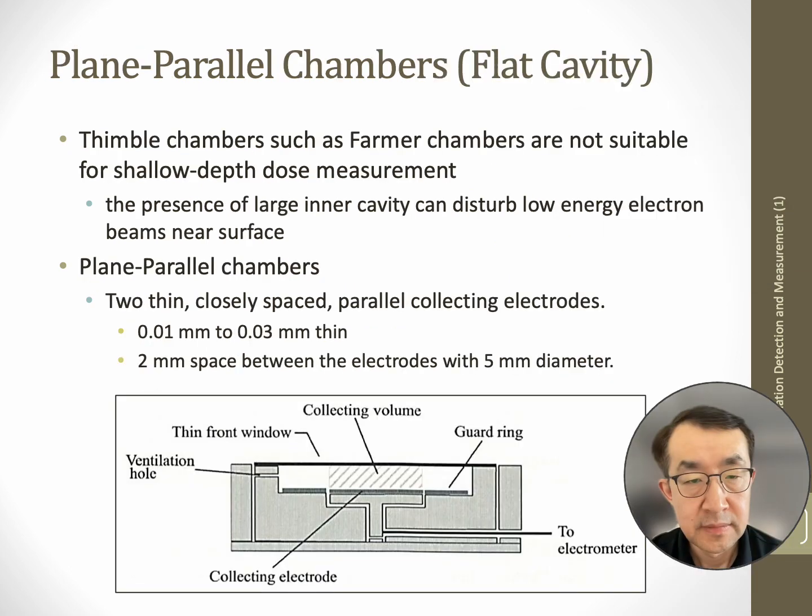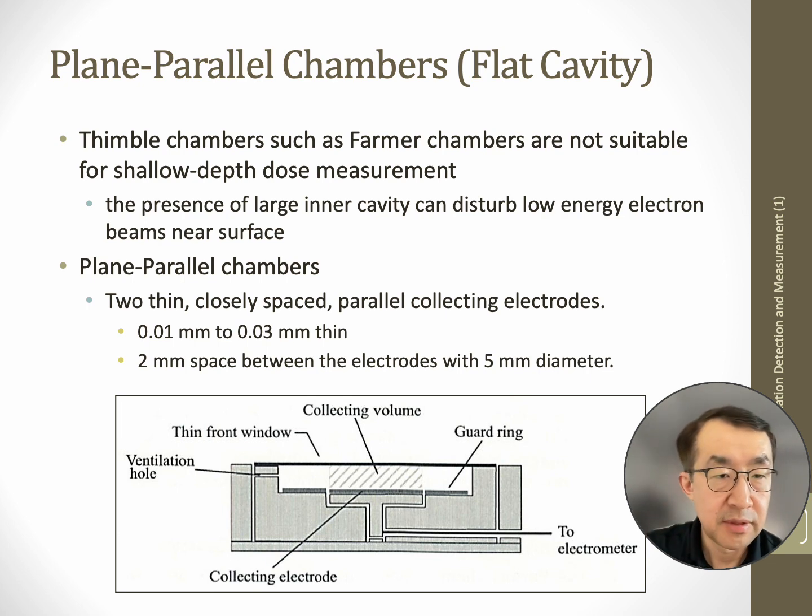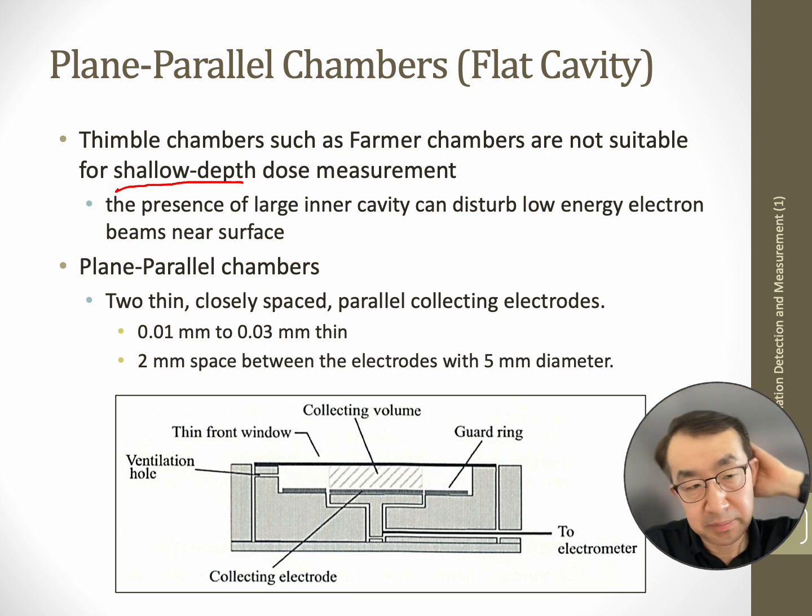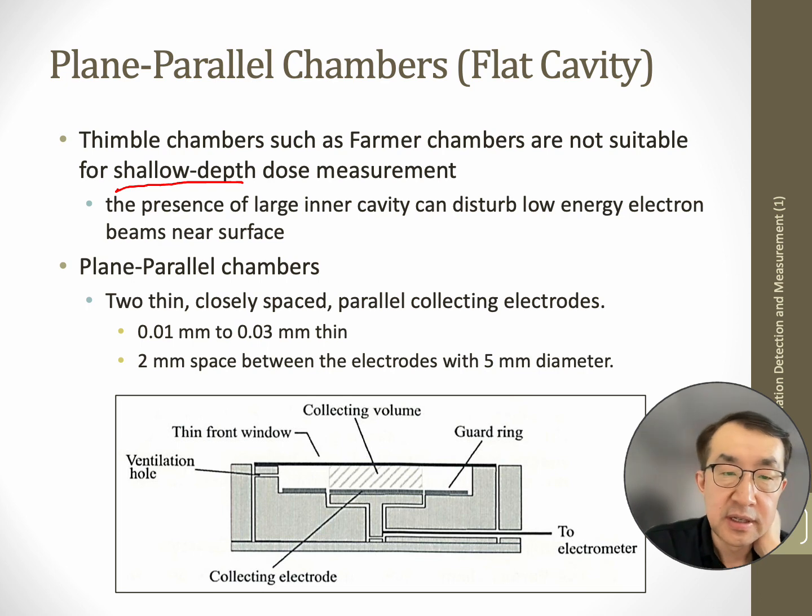Okay. So I just said that Farmer chamber is not good for shallow depth measurement, right? Why? Because the presence of the chamber itself will disturb the low energy electron beam near the surface. So then what do we do? What is better?